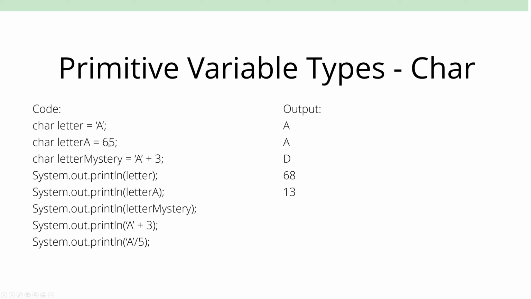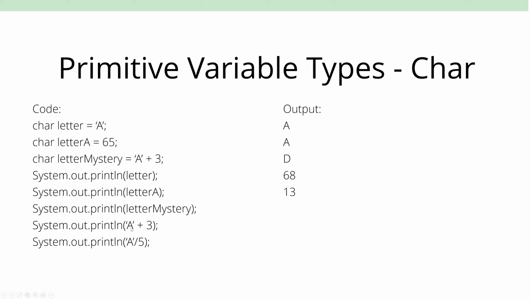So even though letterA is storing 65, once again it sees that it's been declared as a char type, so it finds the character equivalent of 65, and it's capital A. For letterMystery, we did the math and we know that capital A, which is 65, plus 3, is 68. The character equivalent of 68 is a capital D.